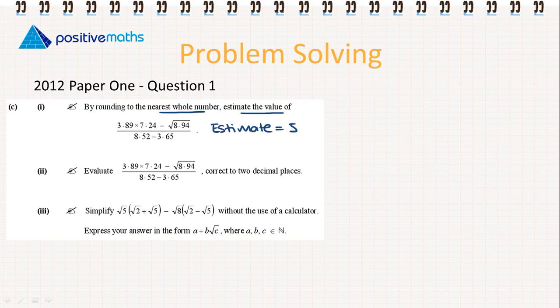The second part of this question, they ask us to evaluate the same problem and give our answer correct to 2 decimal places. Okay, so we really need to pay attention here to the order in which I'm doing things. So the order of operations.